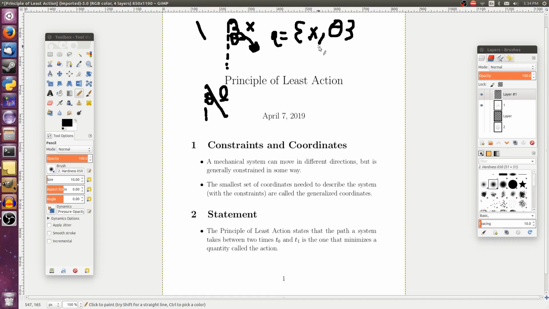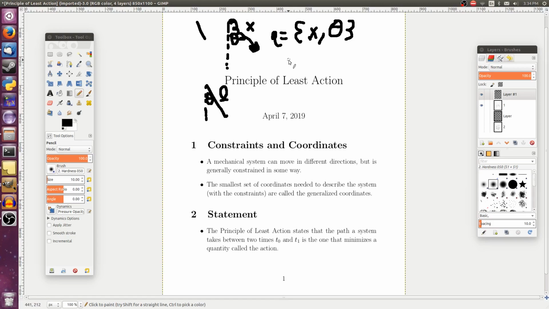Now, the main restriction on these generalized coordinates is that they have to be independent of each other. Like in this example, if you move in the x direction, you're not moving in theta at all. And conversely, if you're moving around in theta, you're not stretching or compressing at all.